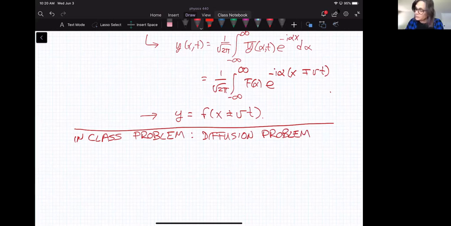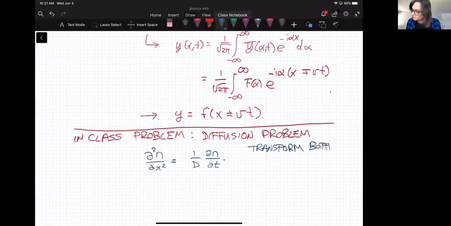You're going to look at the equation del squared n dx squared is equal to 1 over D dn dt, where D is a diffusion constant. What you need to do then is use the Fourier transform. So transform both sides. This should produce essentially an ordinary differential equation of, we'll call it n tilde, which is the Fourier transform.